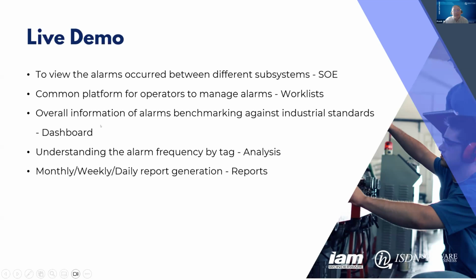This will be a dashboard for you to understand where you are on your alarms and whether you are compliant within the standards. Understanding the alarm frequency by tag: I want to know which alarm is happening most frequently. That's where the analysis comes in. Finally, I'll show you the types of reports that we can generate, be it monthly, weekly, or daily report generation. These will be under reports.